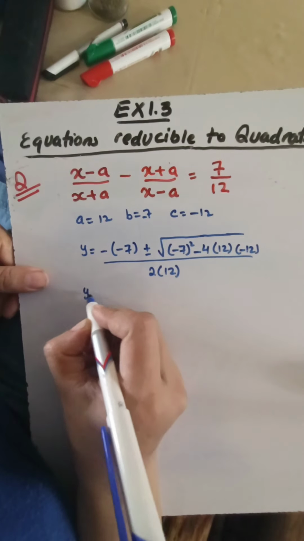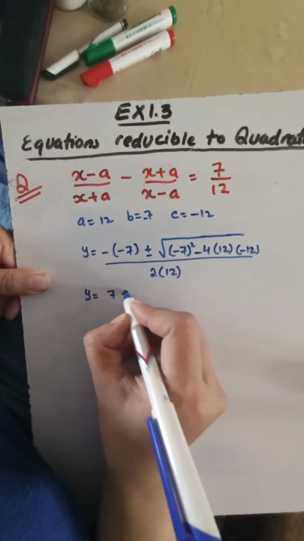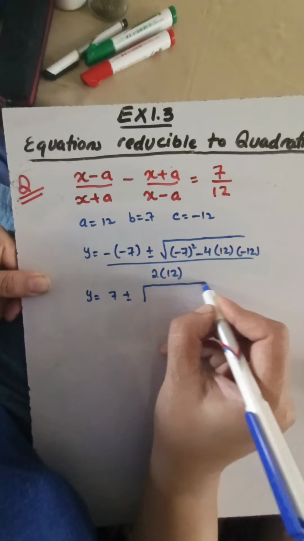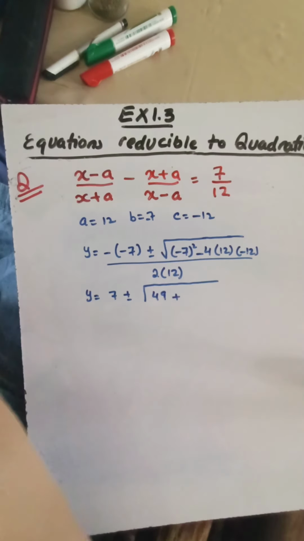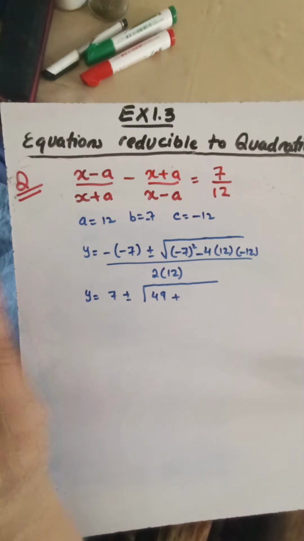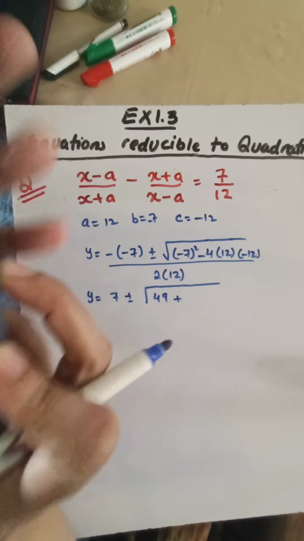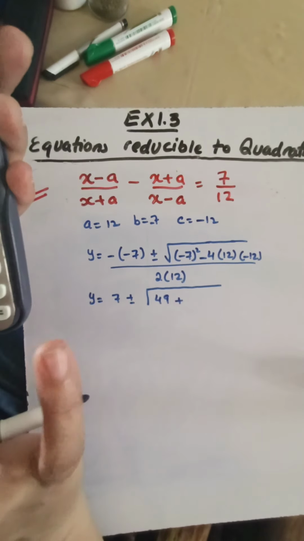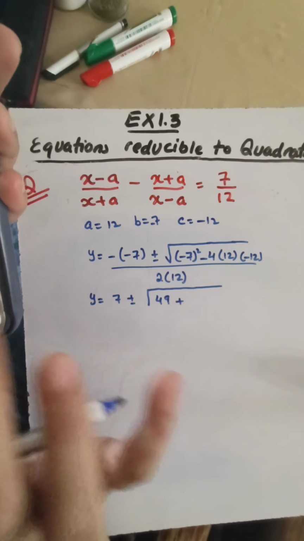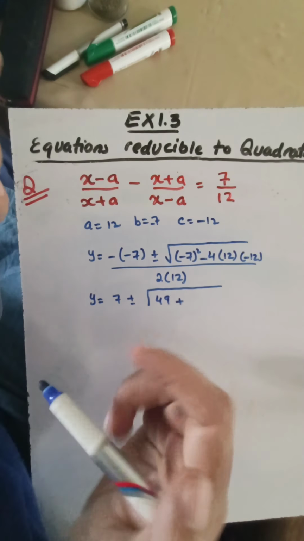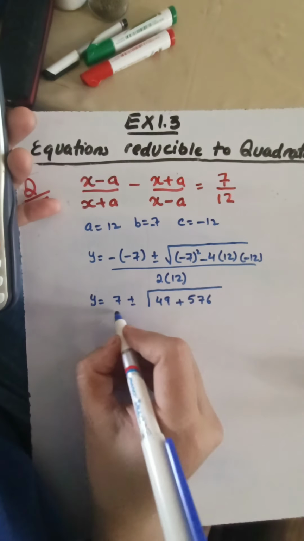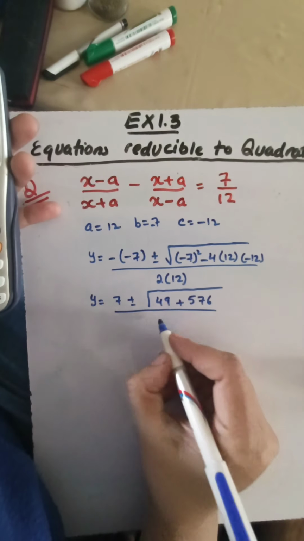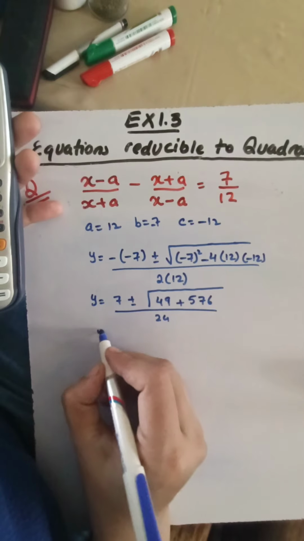Now this will be equal to y is equal to positive 7 plus minus square root of 49 plus 12 into 12 into 4, if I calculate it, 12 into 12 into 4 will be equal to 576, over 24.